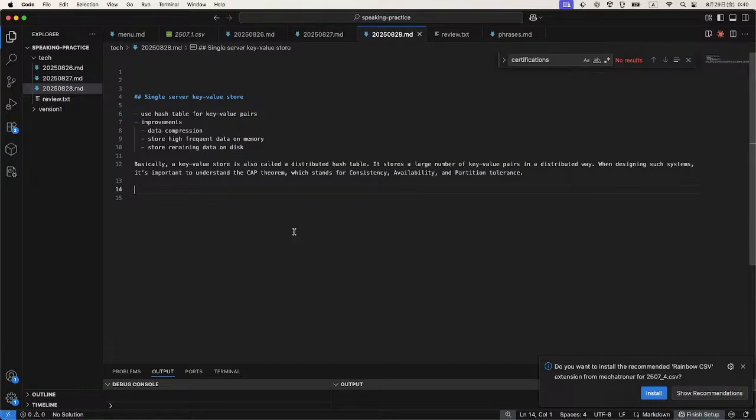It means node 1 and node 2 don't have all the data, right? So if you choose consistency and partition tolerance, we call it a CP system.